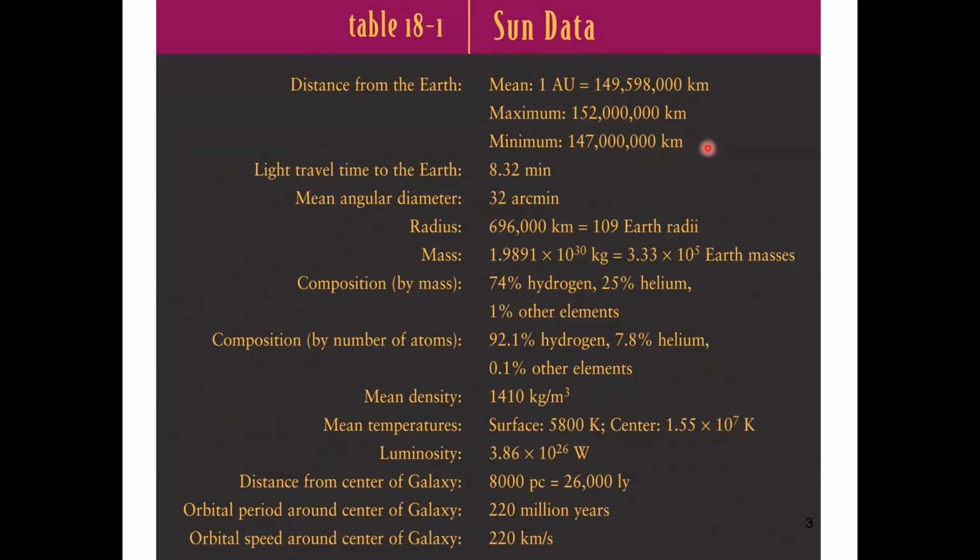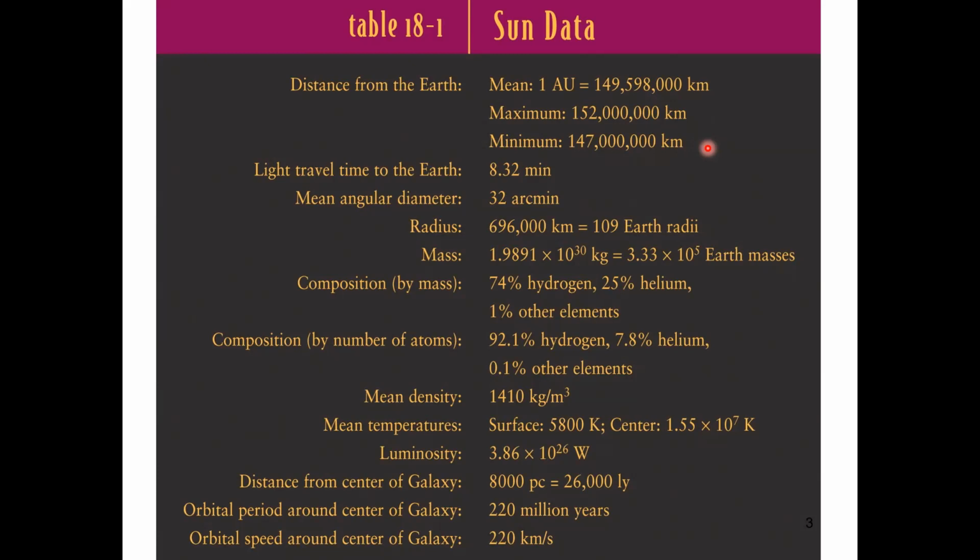Because we are on an elliptical orbit around the sun, we get closer to the sun at some point, and after 6 months or so, we are on the other side. The difference is about 6 million kilometers.